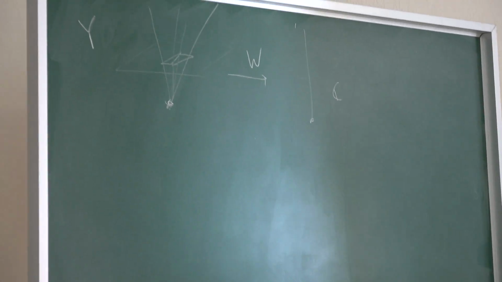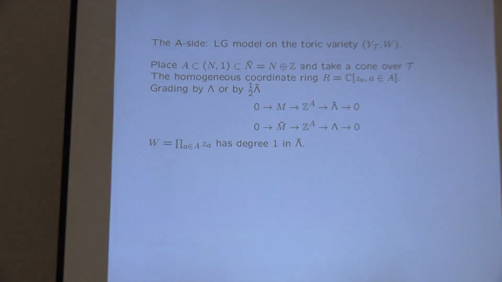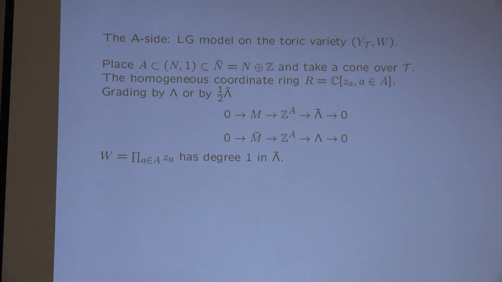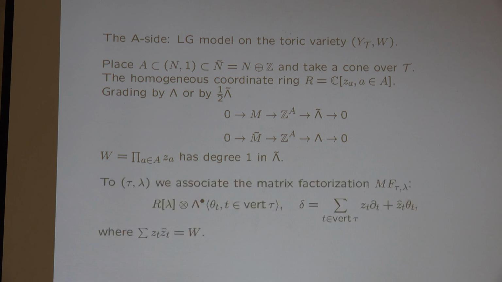And we try to do the computations there. This is what I did. We try to do it in this Cox ring, namely, you take the homogeneous coordinate ring of this toric variety, and W is just a product of all the monomials. And we're trying to compute the graded matrix factorizations of this thing.